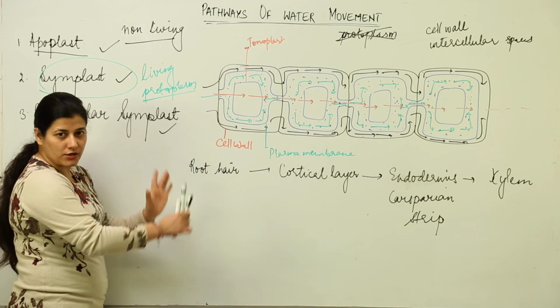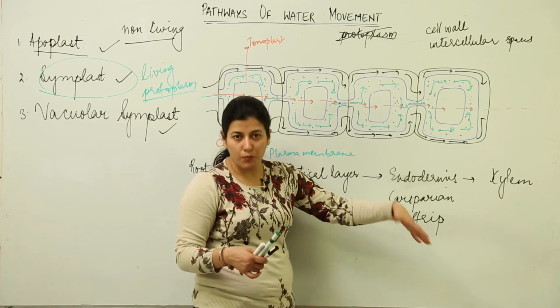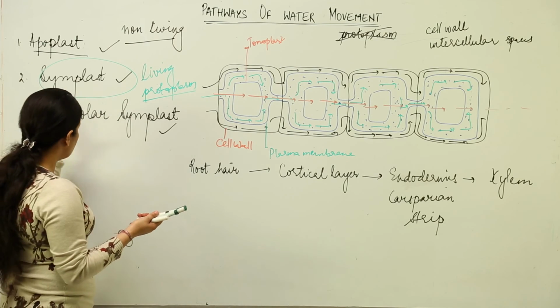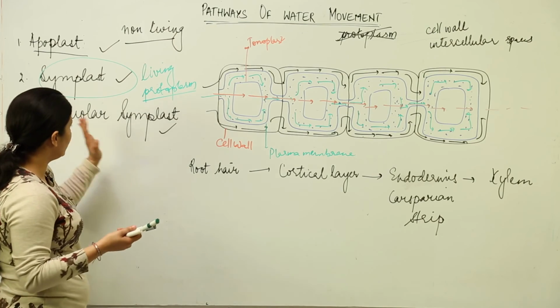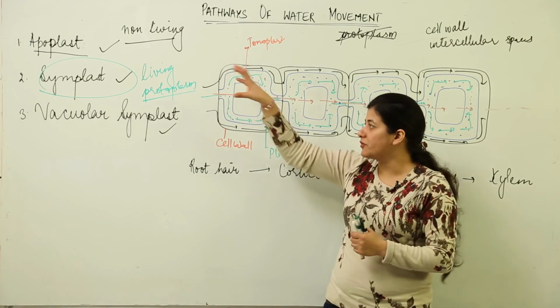So the actual passage of water involves both apoplastic and symplastic movement. In the case of positive pressure, that is root pressure, the single cell acts as an osmotic entity and enables the vacuolar symplast. I hope you get an idea what apoplast and symplast is.